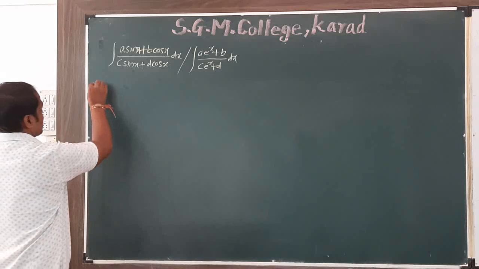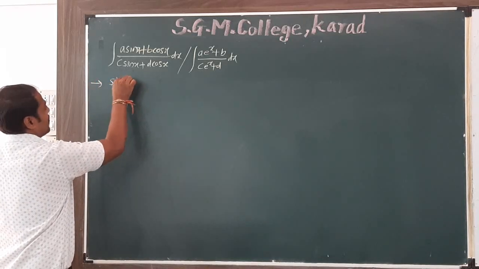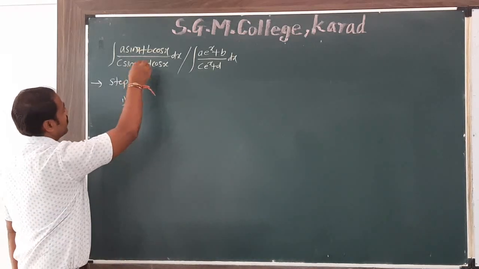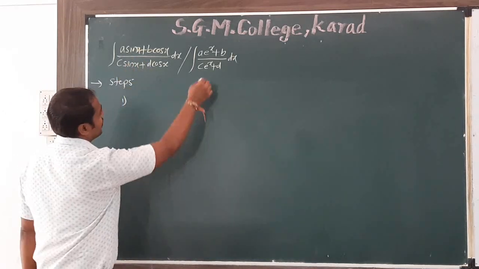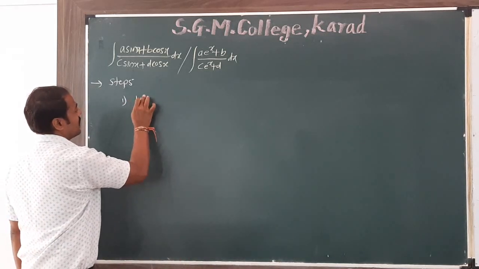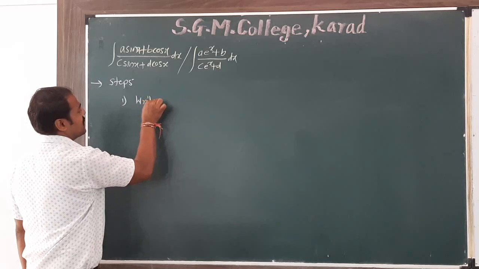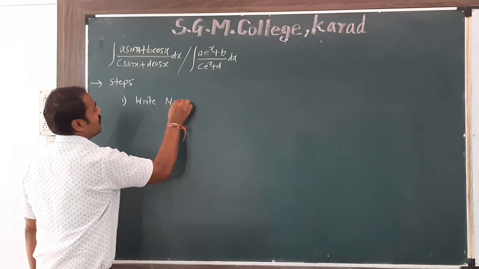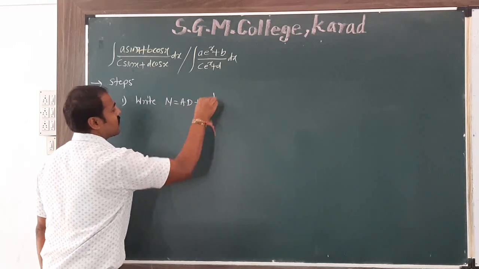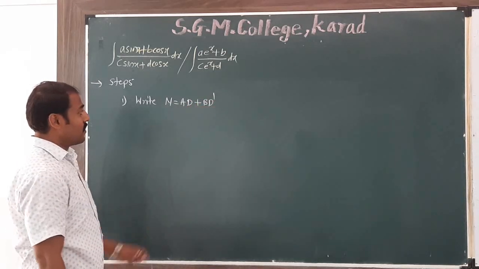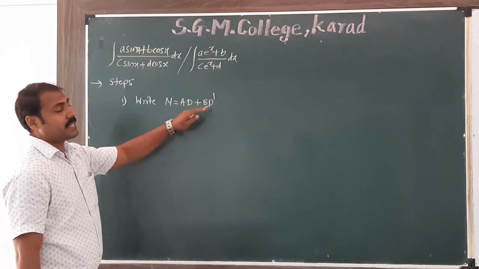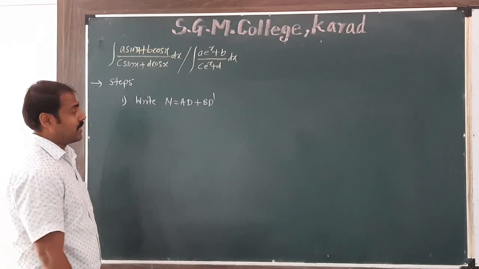Look at the steps of the integration. First, here the numerator is a sin x plus b cos x, and here the numerator is a e^x plus b. So the first step to solve such a type of integration is to write the numerator equal to A into denominator plus B into derivative of denominator, where A and B are constants, N is numerator, D is denominator, and D dash is the derivative of denominator.